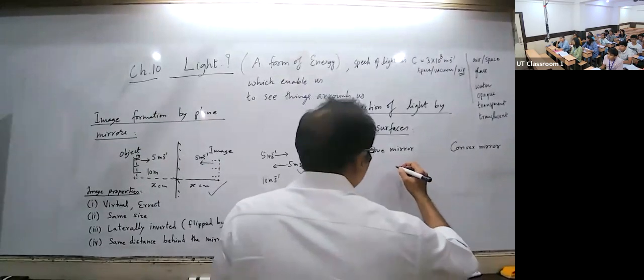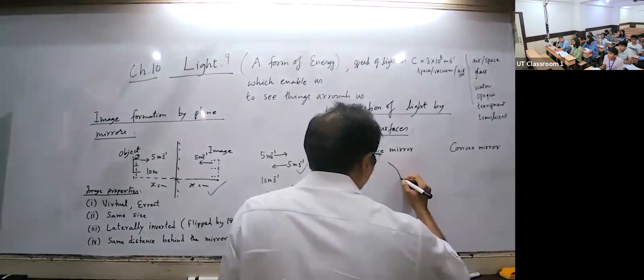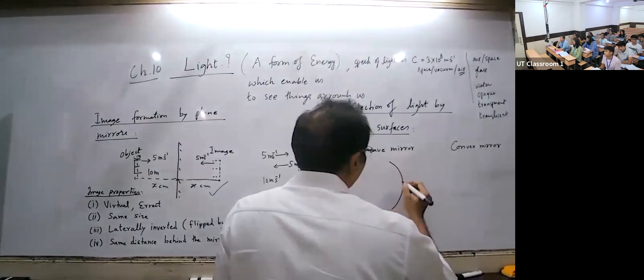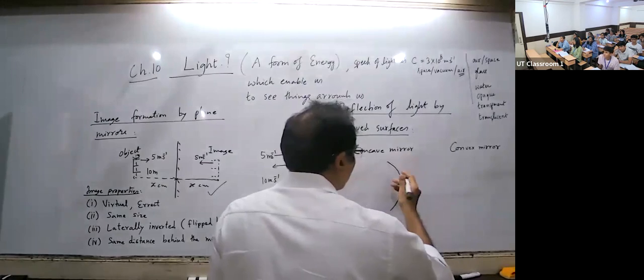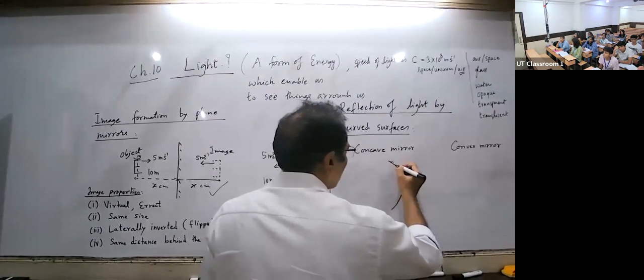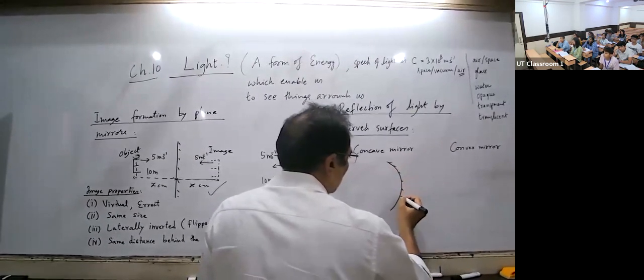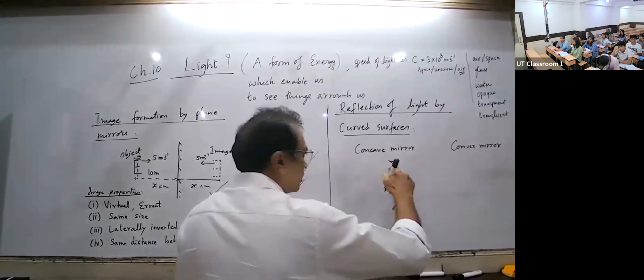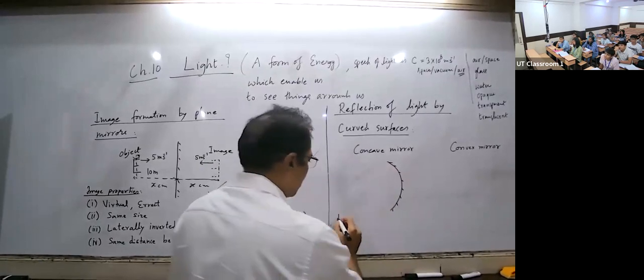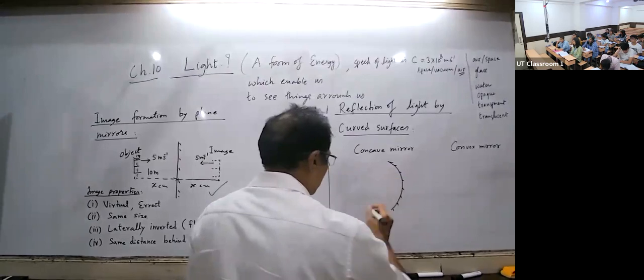A concave mirror is something like this. The reflecting surface is curved inwards and the silver coating is outwards.